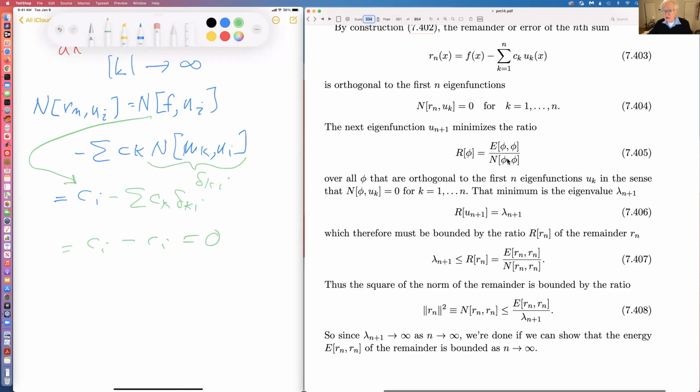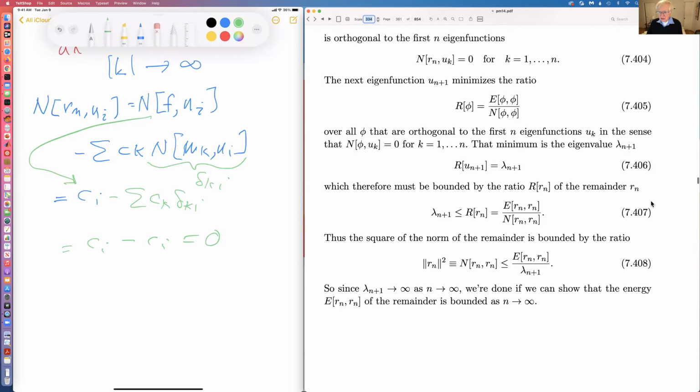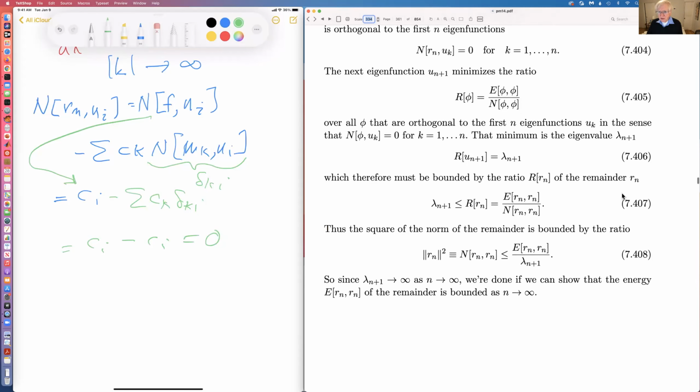Now I've lost track of what I was saying here. So let's... Right. This is the minimum value of the ratio. In particular, since we've seen that Rn is orthogonal to the first n eigenfunctions, that's what we went through laboriously here.